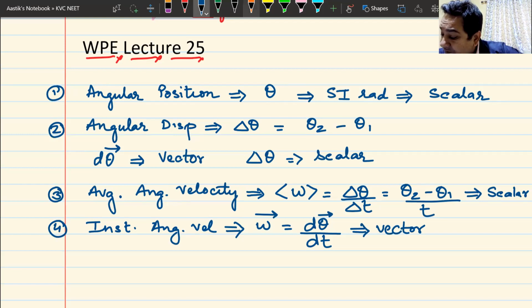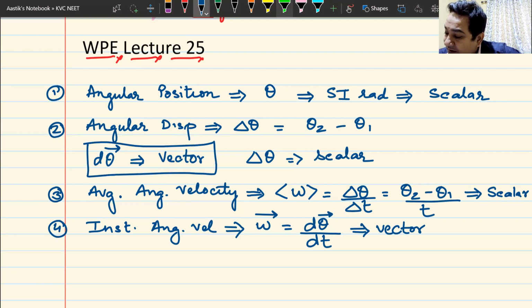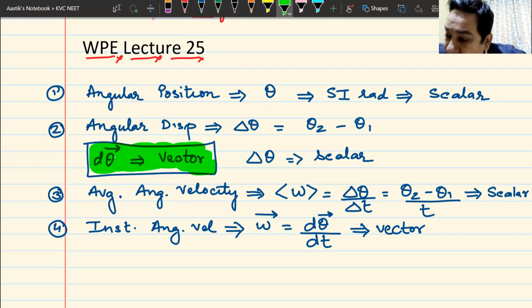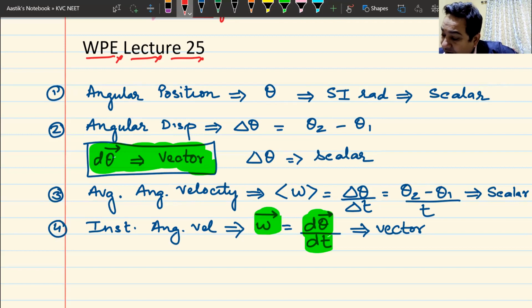Why is it a vector? For the simple reason that in green, d theta is a vector, a small change d theta is a vector. It is d theta by dt, which is omega, and hence omega also becomes a vector.